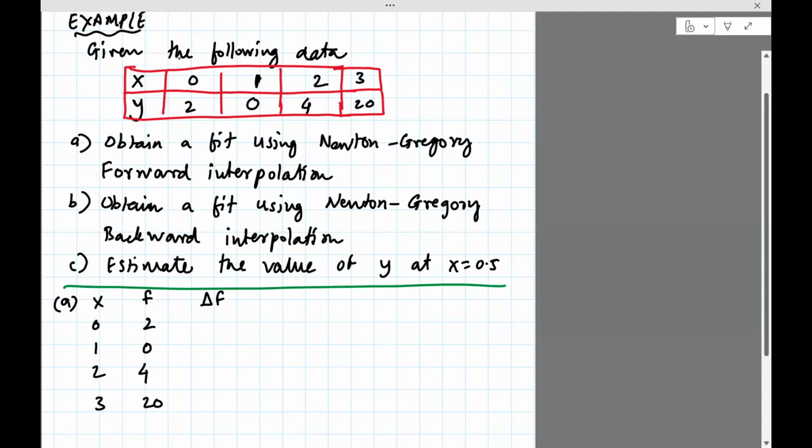In order to compute delta f, you subtract the adjoining neighboring values. So in this case, we do 0 minus 2, which is minus 2. Then you do 4 minus 0, which is 4. And then 20 minus 4 is 16.